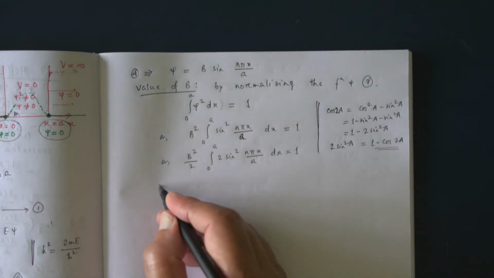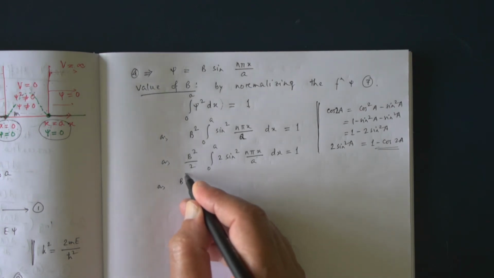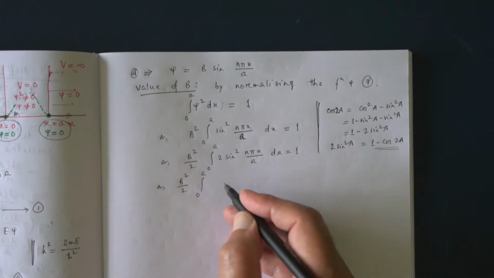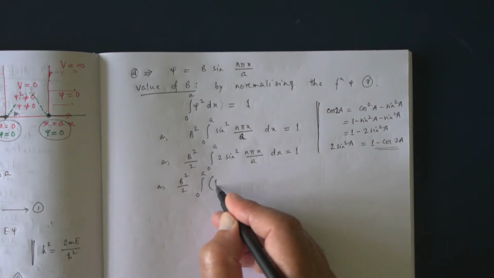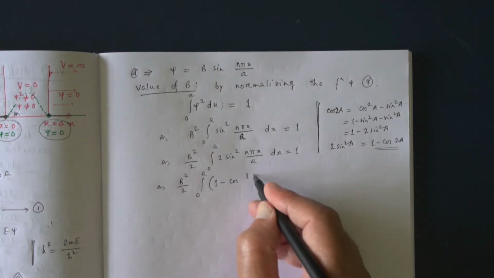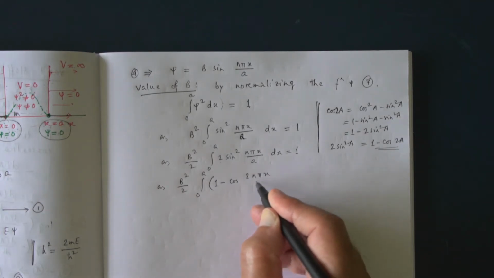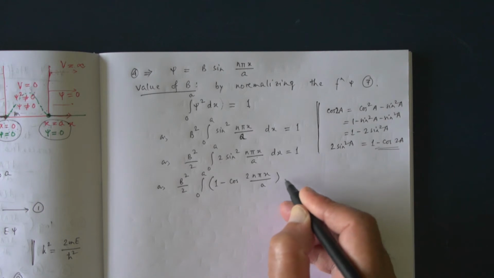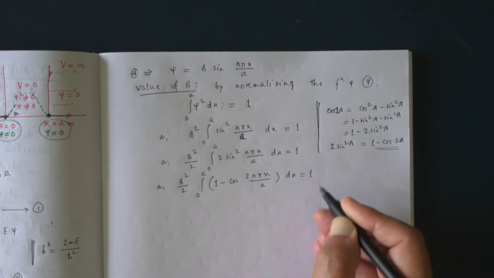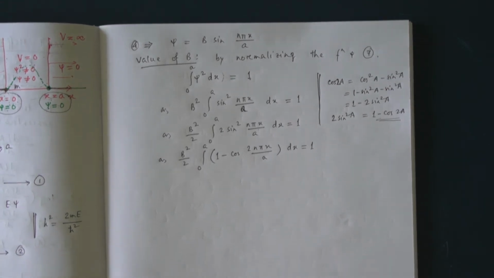Or b square by 2 integration 0 to a of 1 minus cos 2 n pi x by a dx equal to 1.